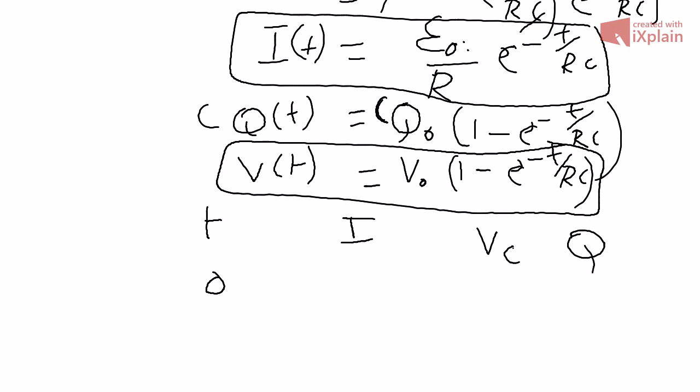When time is 0, the current across the circuit is V over R, or EMF over R, which means maximum current, and the voltage across the capacitor is 0, and the charge is also 0 initially when time is 0.